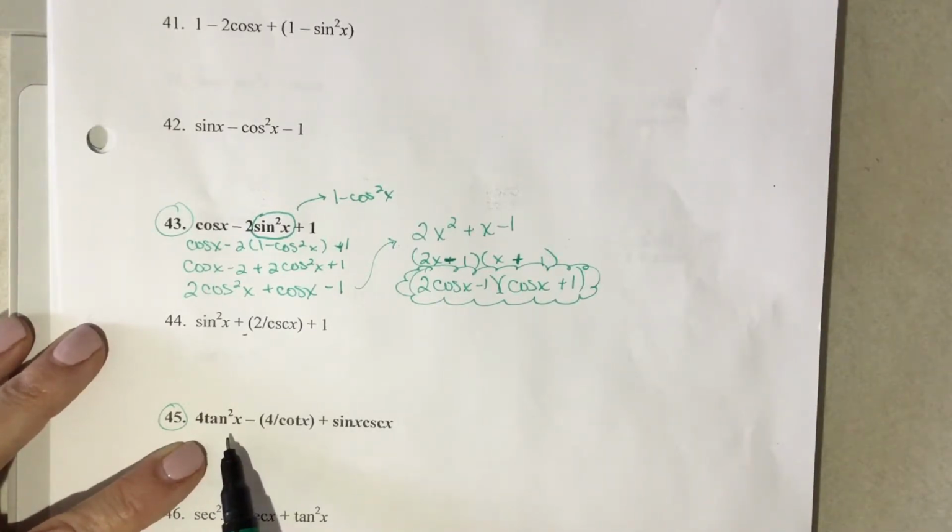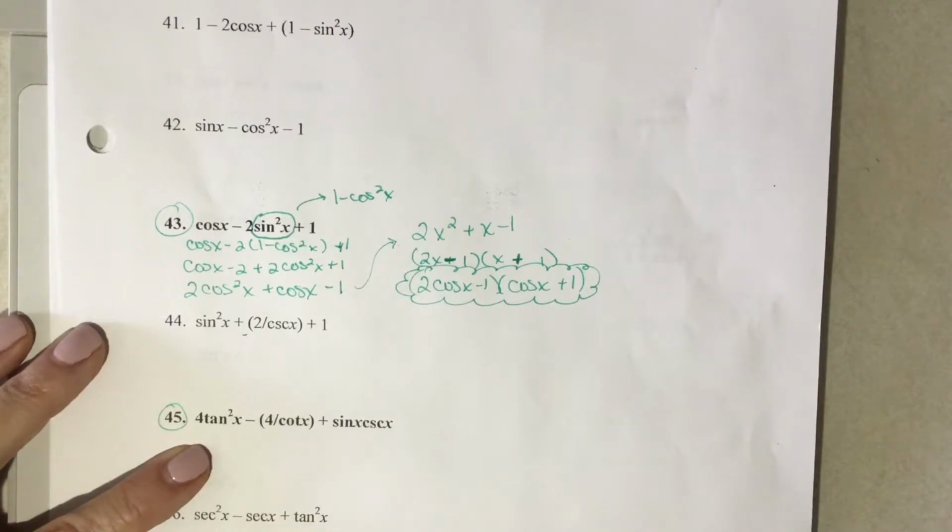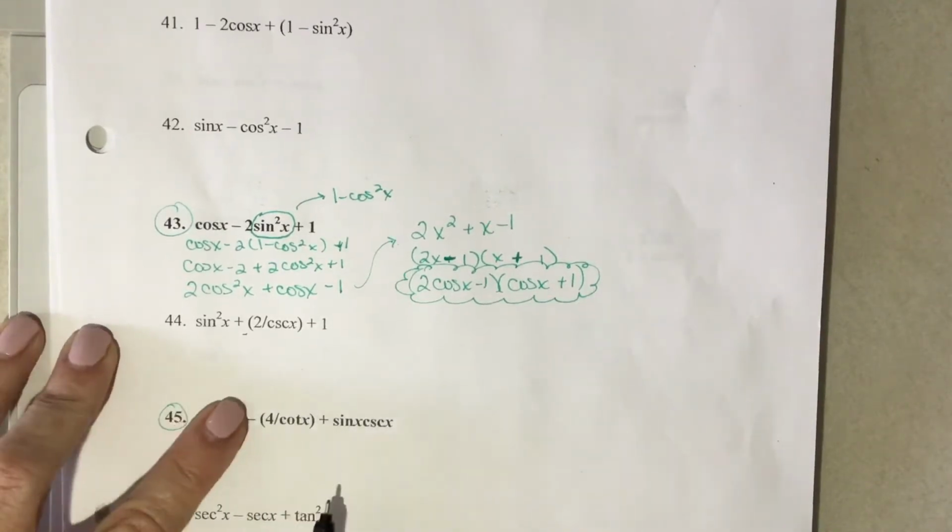I know that tangent squared can be rewritten in terms of sine squared and cosine squared. But that still takes me to 2 trig functions, so I'm going to skip that for a second, okay? It also takes me to secant squared minus 1, and that's really not helping me any. So I'm just going to hold on that.